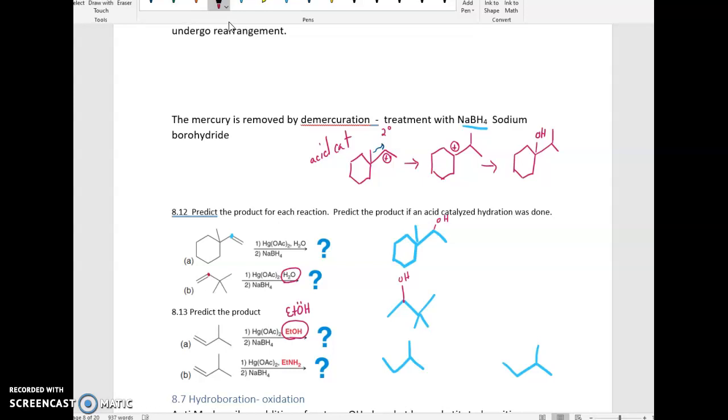It's got an oxygen with a lone pair on it, and so it will appear right here. It can attack just in the same way that the water attacked. And here we would get an ether group. Actually, it would have just one hydrogen and ethanol on the other side.